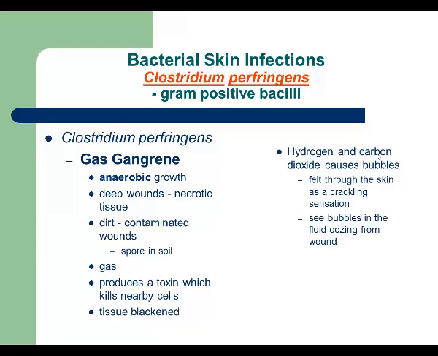If you touch it, you will feel a crackling sensation, which means there is gas under that skin. If there's a lesion on the surface of that skin, then it starts bubbling with fluid, and it's bubbling on the surface once again because gas is produced.